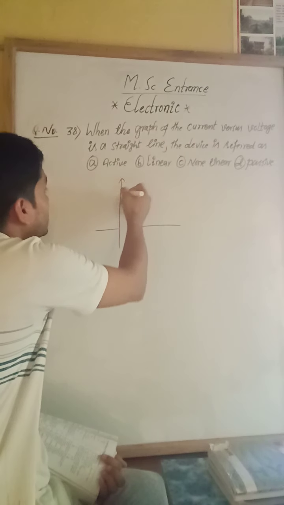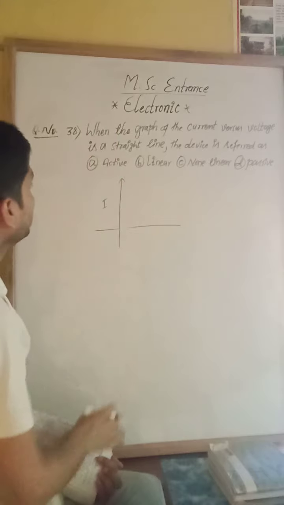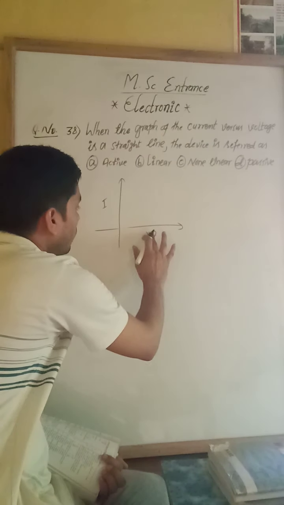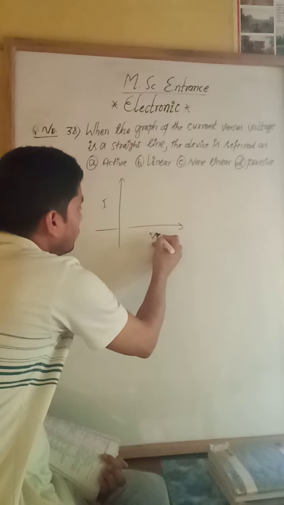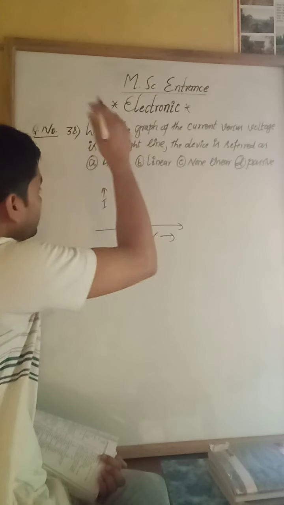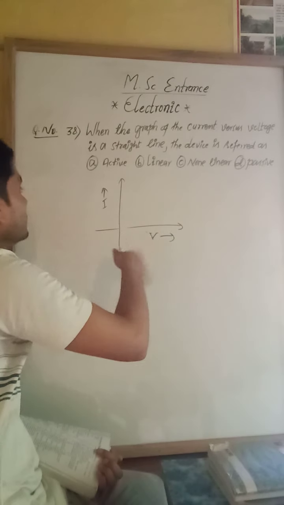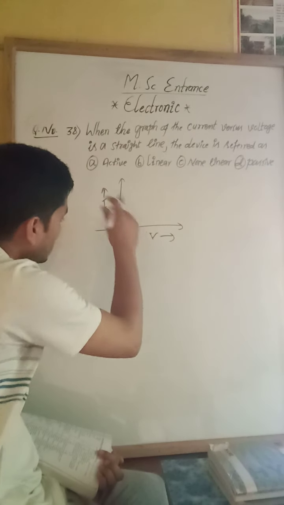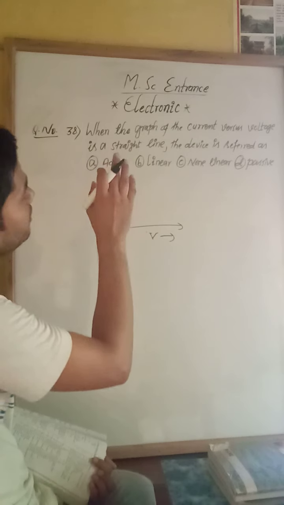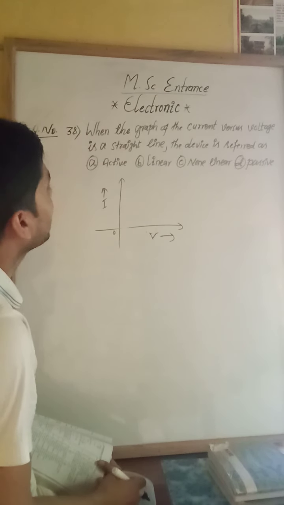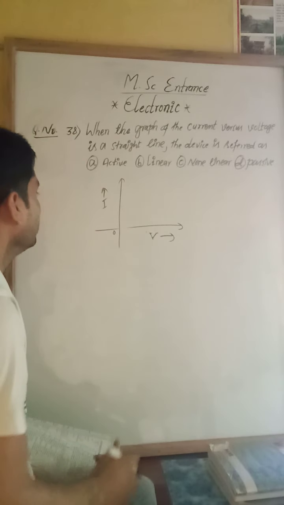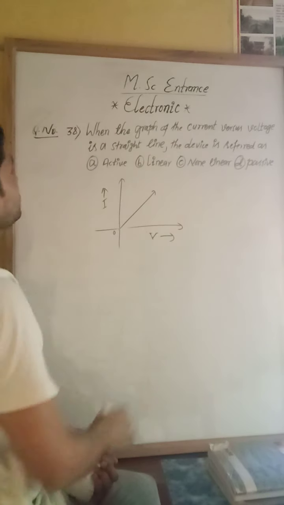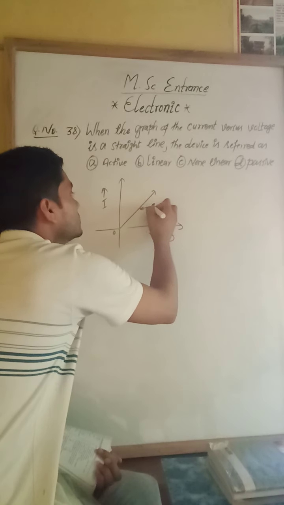Suppose this vertical line is our current axis and this horizontal line is our voltage axis, and this is our origin point O. A straight line means a line which passes through the origin.